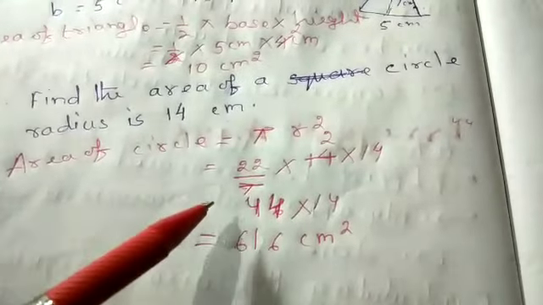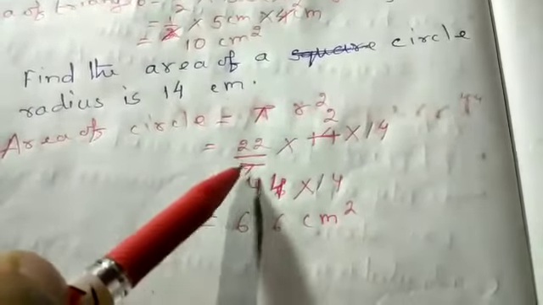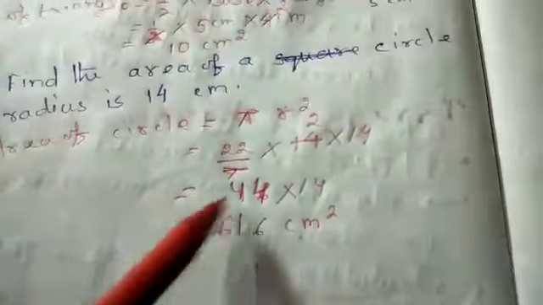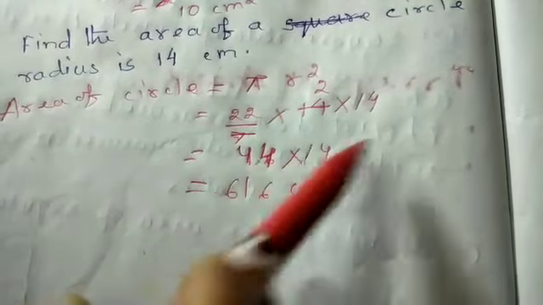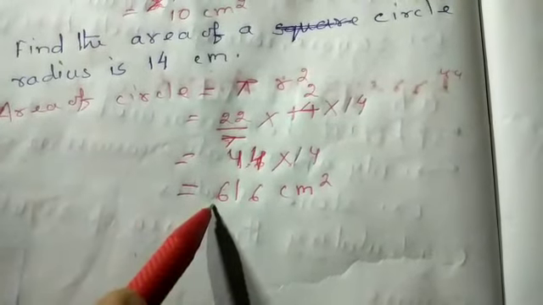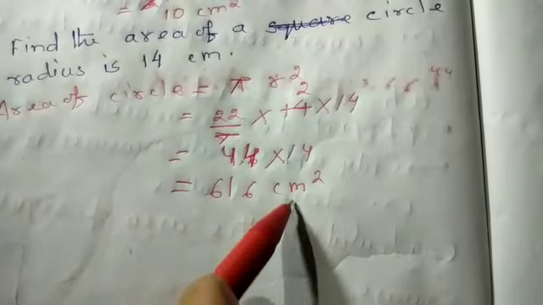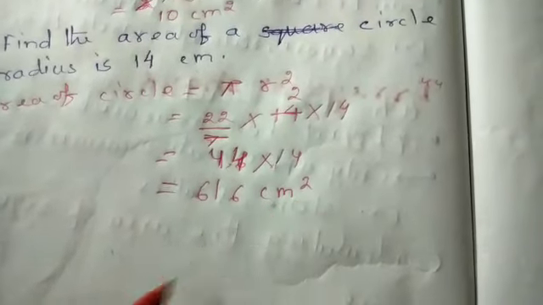Now here we cancel 7 with the 14. So 22 into 2 equals 44. 44 into 14 equals 616 centimeter square. Thank you.